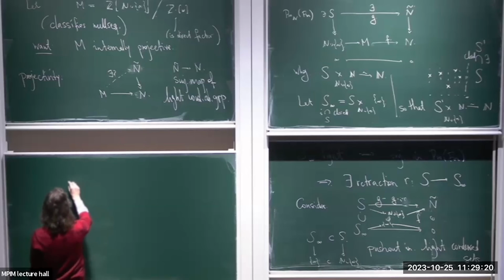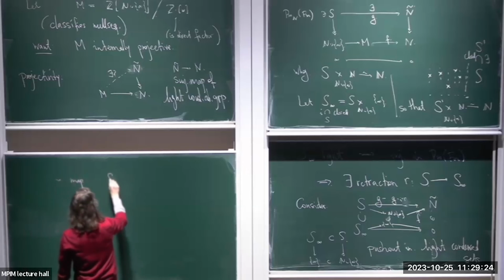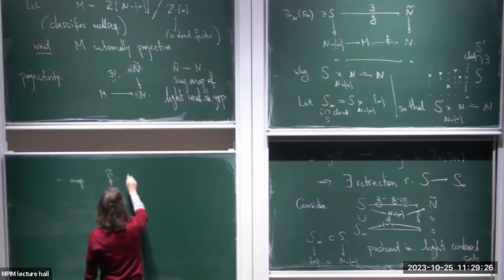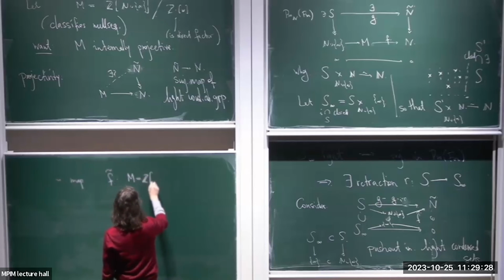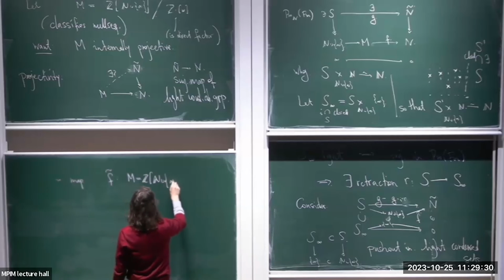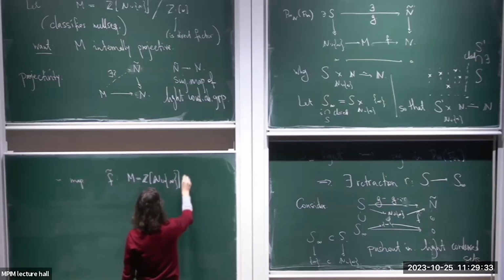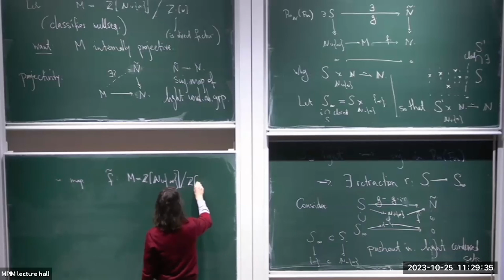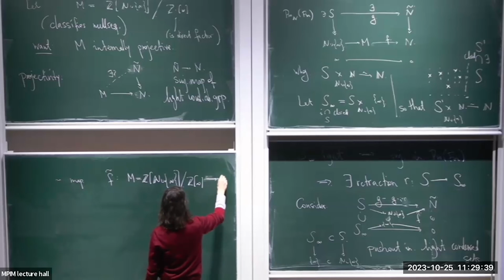Okay, so you have a map from the convergent sequence modulo infinity to N tilde.